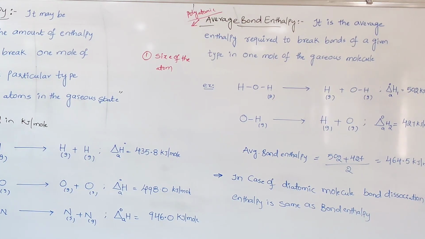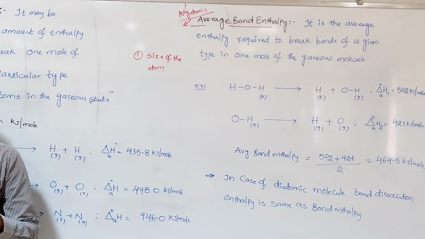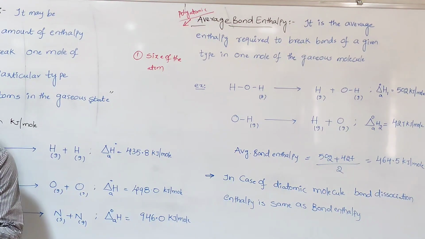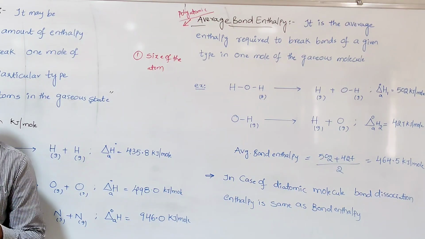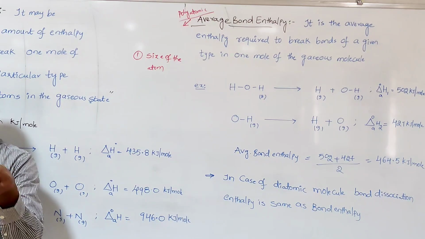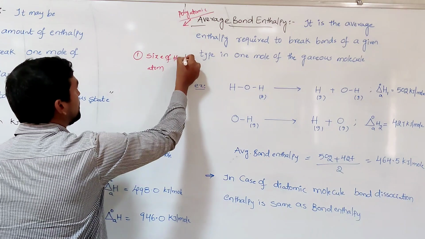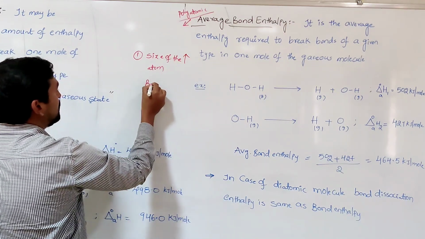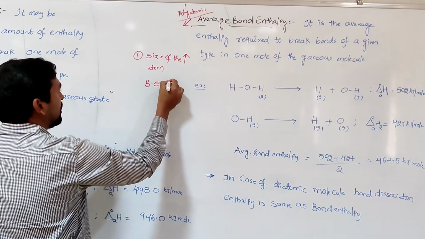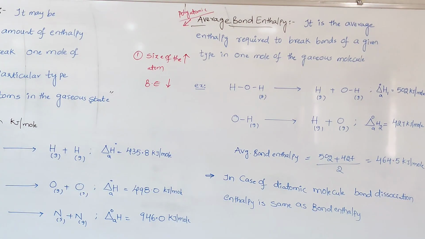Less energy. As the size of the atom increases, the bonded atoms are weakly attracted to each other, so we can easily break that bond using very little energy. That's why as the size of the atom increases, the bond enthalpy decreases. That is the first factor influencing the bond enthalpy.